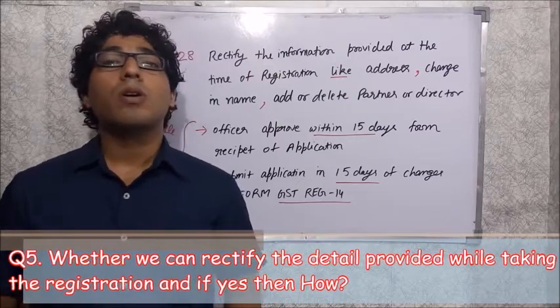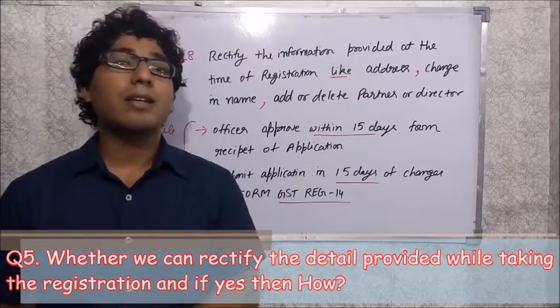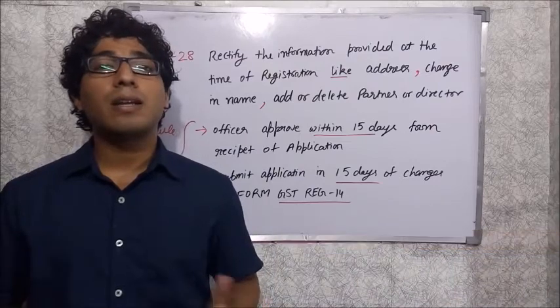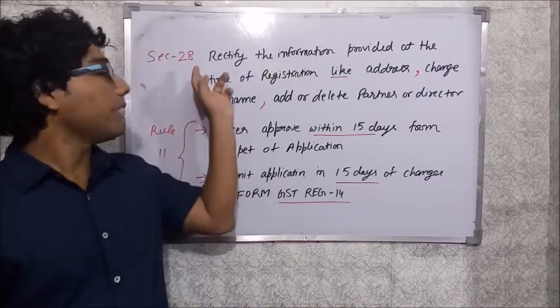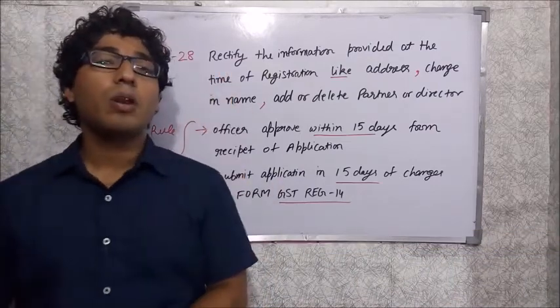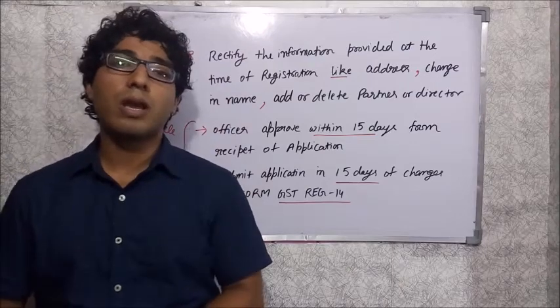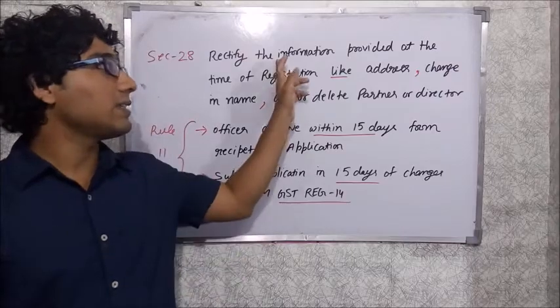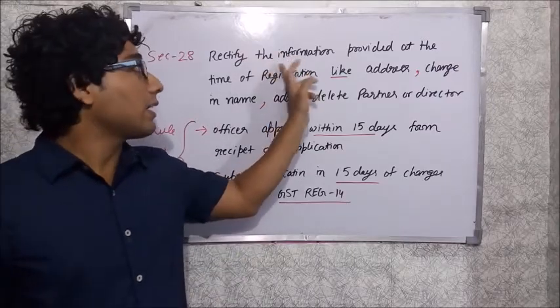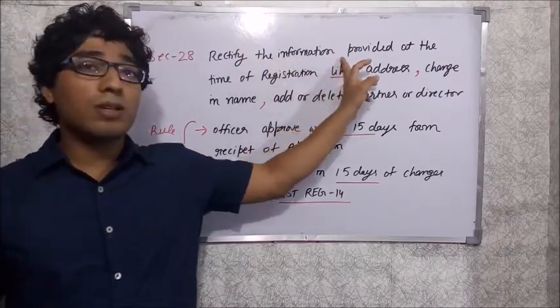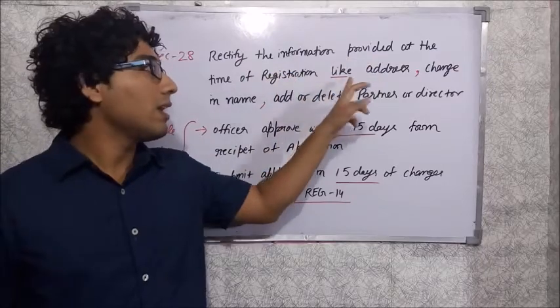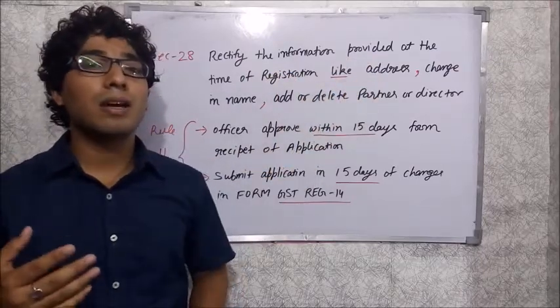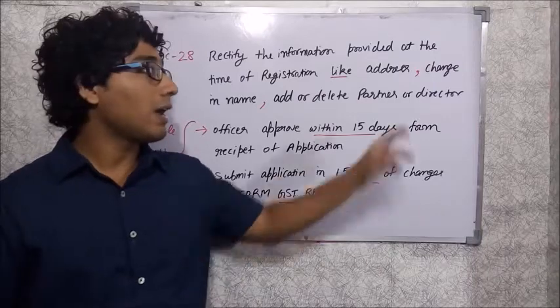So the question is whether we can rectify the details provided while taking the registration, and if yes, then how. You can rectify the details provided at the time of registration under section 28, read with rule number 11 of registration. Section 28 clearly says that you can rectify the information provided at the time of registration, like the address.